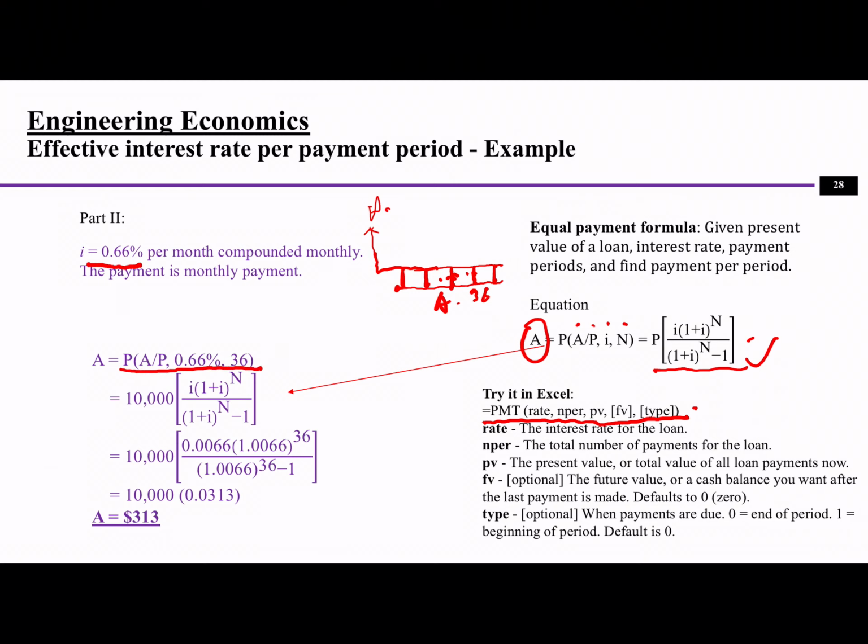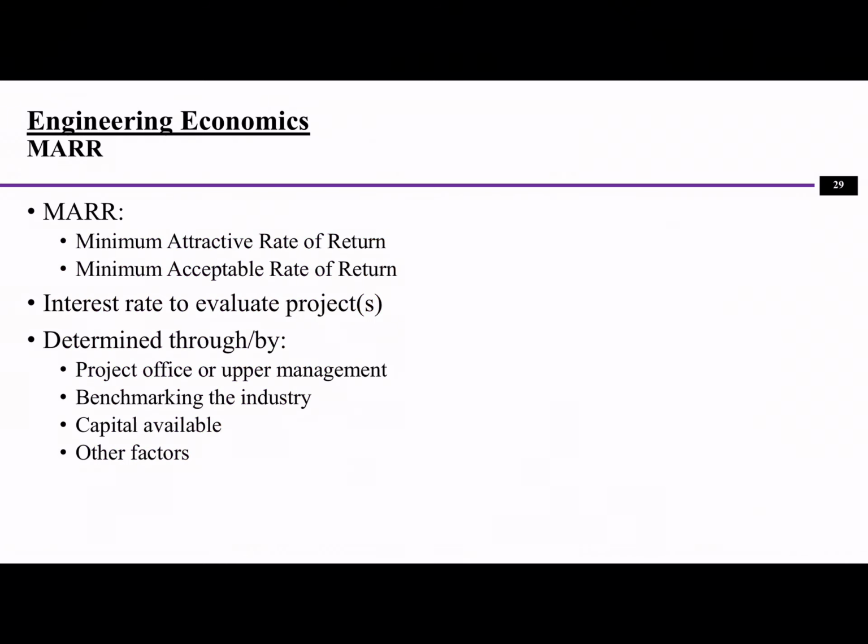Another way is to use Excel. If you use Excel, it will probably be a little bit quicker. But you need to know this notation, right? How to use this notation to help you write down the calculations instead of writing the full equation there. All right, so this is the effective interest rate per payment period.